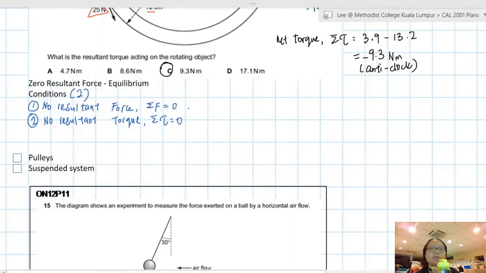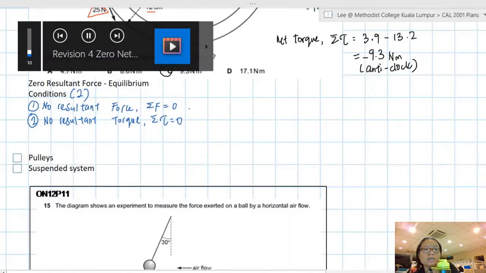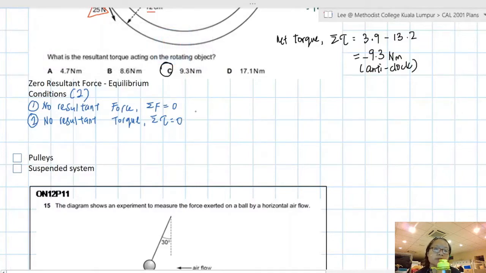Alright, but when you open up these two seemingly simple equations, you will notice that there are actually a few ways to cut this apart. Whenever we talk about forces, it's a vector, so we need to be able to resolve them.